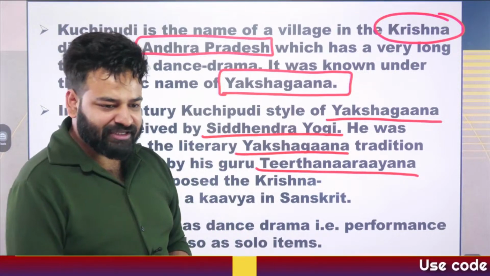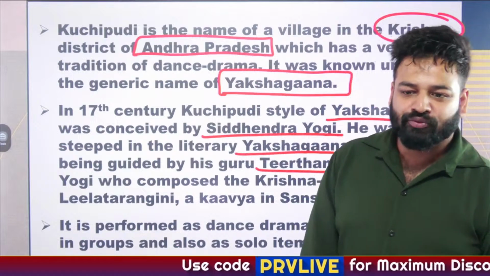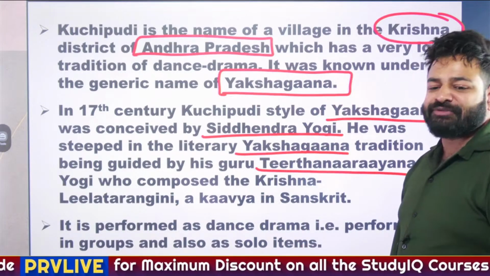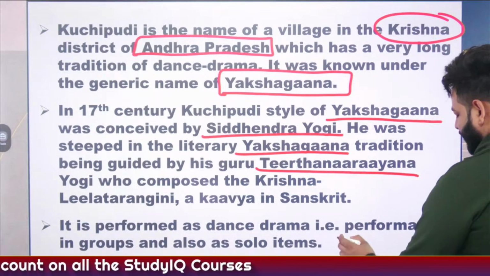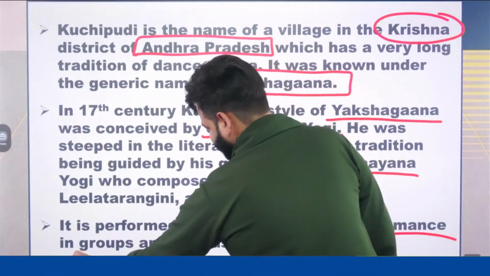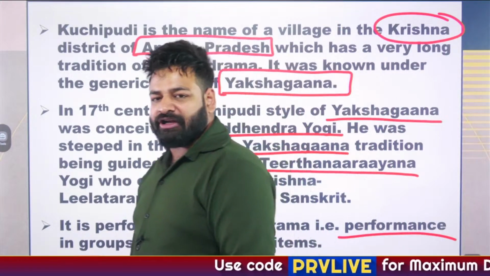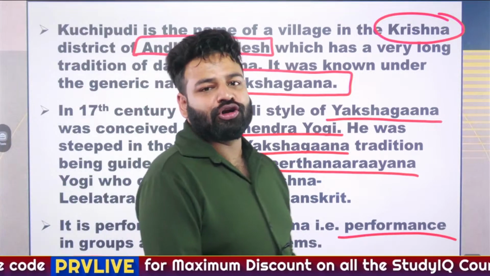The actual term used for the dance was Yakshagana. Kuchipudi is a dance and drama performed in groups as well as solo. It could be performed in a group as well as a solo item.